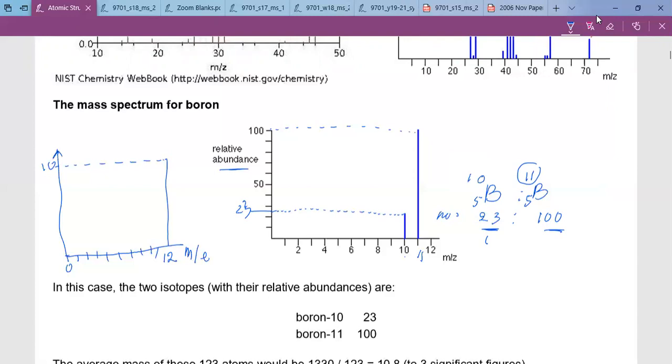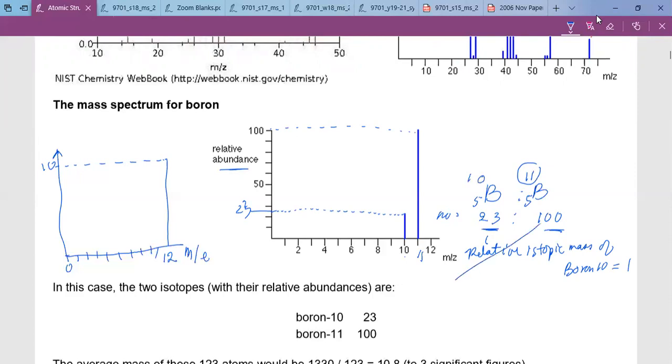This is called the relative isotopic mass of boron 10, which is 10.